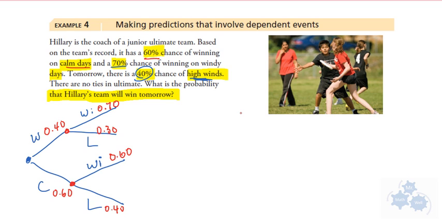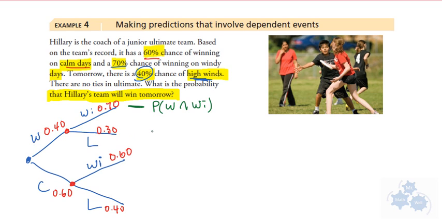Are there any other factors in the question that we're considering? It's just windy or calm, right? And then their winning percentages. There's nothing else we're taking into account. So what are we going to get here? Well, we are going to get the probability of windy and a win over here. That's what this branch and this branch give us.